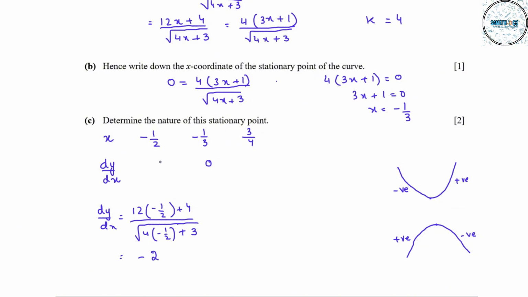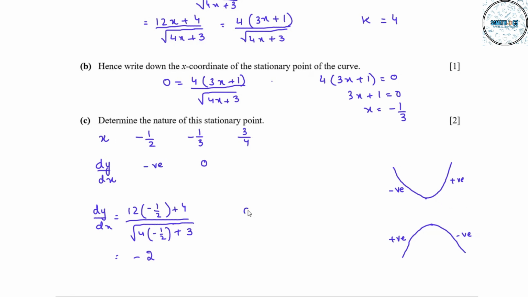So here at -1/2, it is negative. For the value 3/4, we will substitute 12 into 3/4 + 4 divided by √(4 into 3/4 + 3), which is equal to 4.9. So this is positive. Therefore, the stationary point is a minimum.